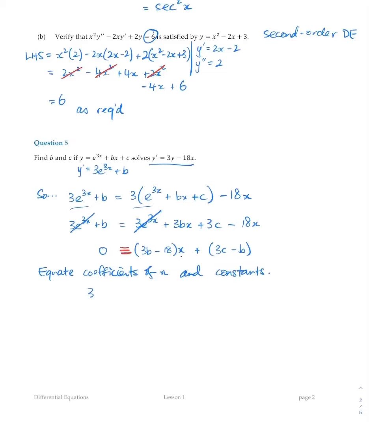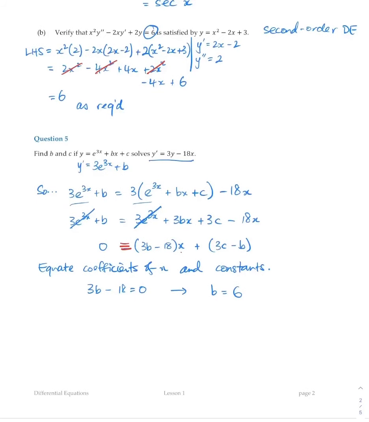We get 3b minus 18 equals 0, which very quickly gives us b equals 6. And 3c minus b equals 0, which gives us c equals 2. The question was find b and c, and we found them. It's really just an algebraic exercise, but it relates to differential equations.